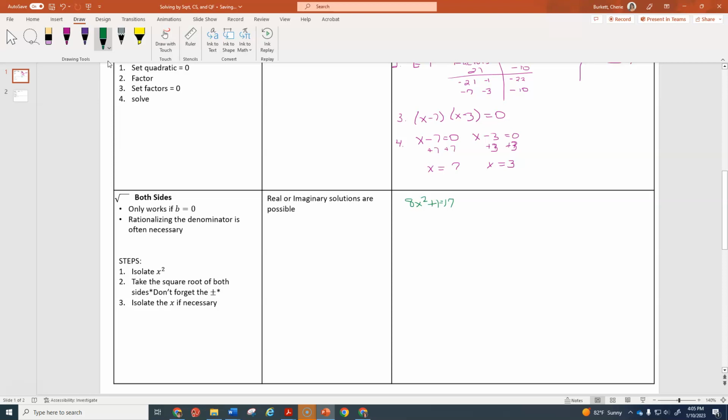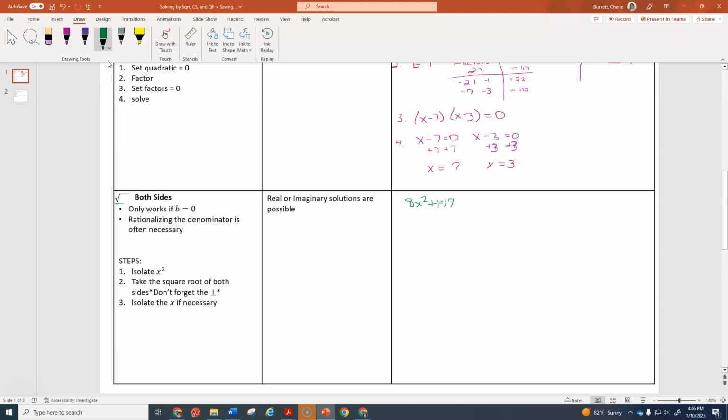Okay, you've got a squared term, you've got a constant term, there's no x, and you've got another constant term. So there's no term that has an x on it. So that means that this term right here has no b. We've got a squared term, and then we've got two constants. So that means that we will be able to solve this problem by taking the square root of both sides.